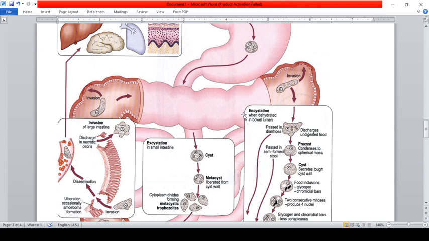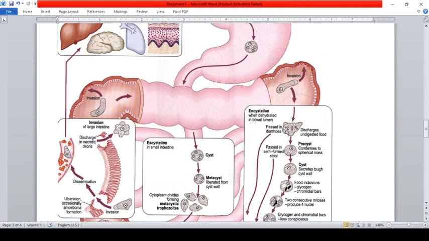So here, encystation occurs when dehydrated in the bowel lumen. So this is already in the large intestine. As I have mentioned, if the environment is watery, the stage will be the trophozoite stage. But if the environment is dry, it will encyst. The trophozoite will become the cyst stage to protect itself.